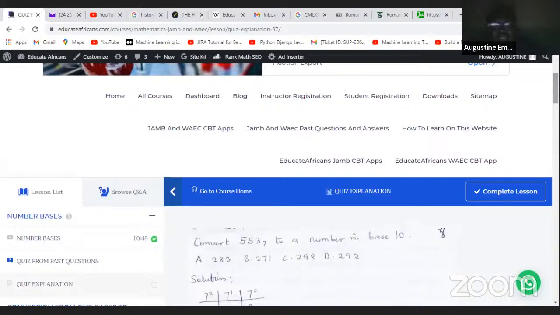Who can quickly try this one? Convert 553 in base 7 to base 10. You can do that.